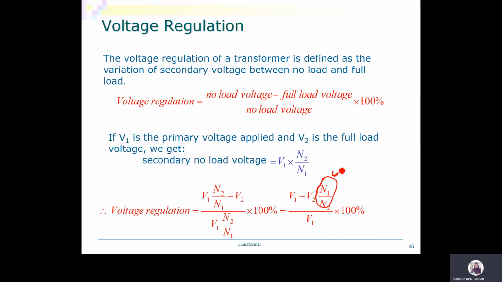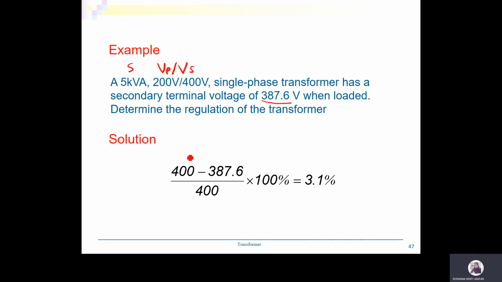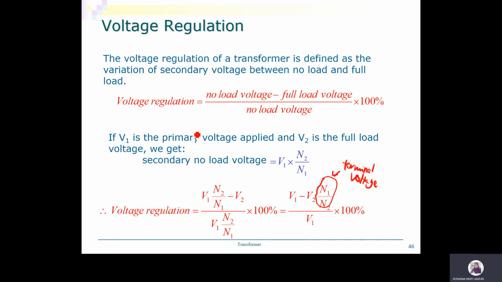From this example, these are the formulas you have to use.